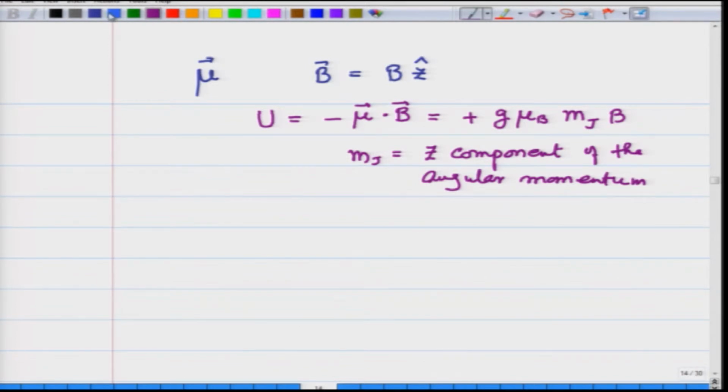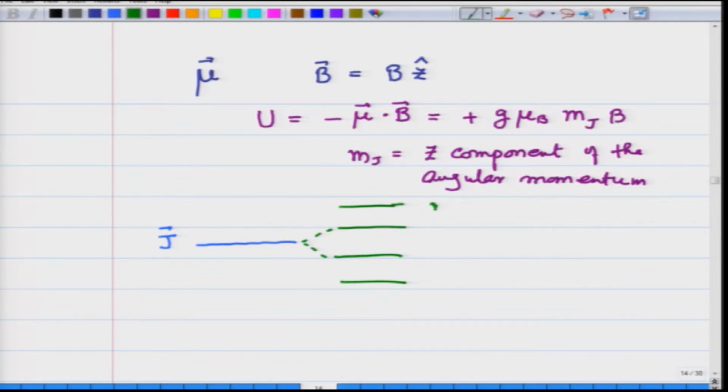So, I am going to have this atom which had initially a level j with j angular momentum is going to split, is going to have all these different levels. Now, you can see that if m_j is positive, energy is positive. So, with m_j positive, I am going to have the level go up.